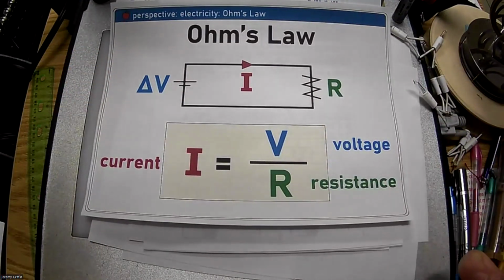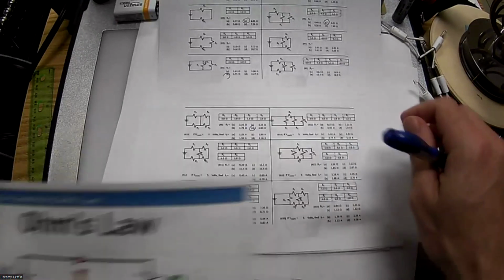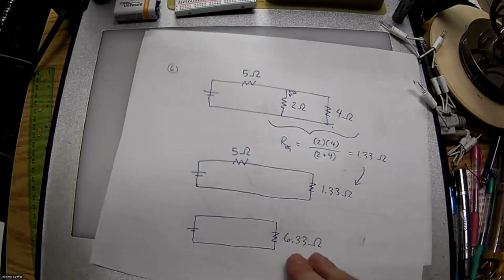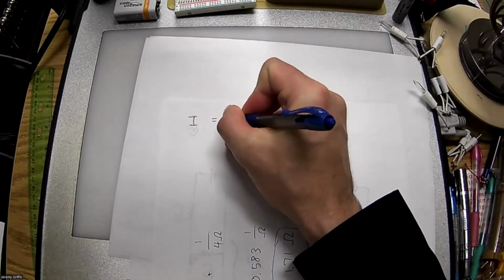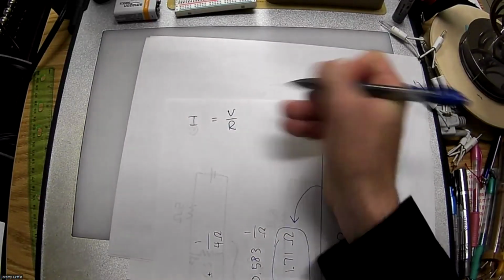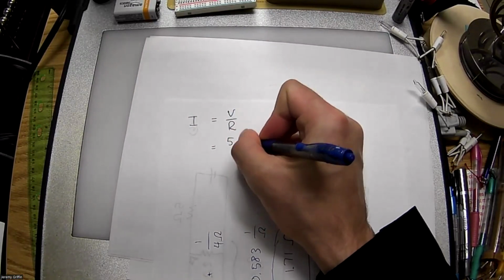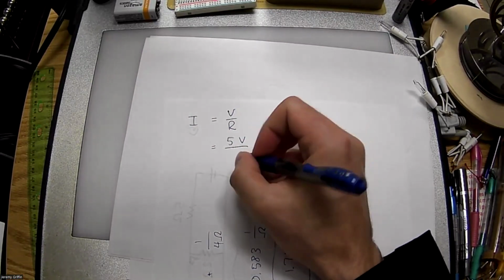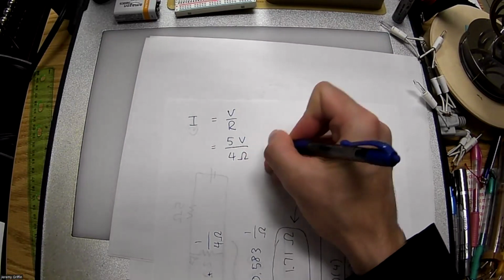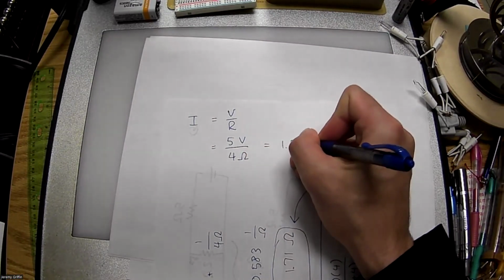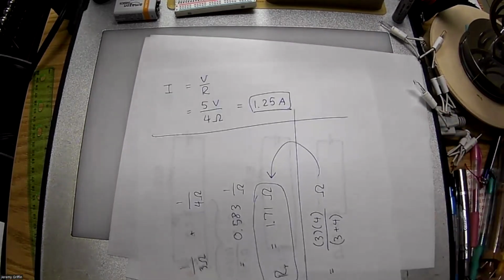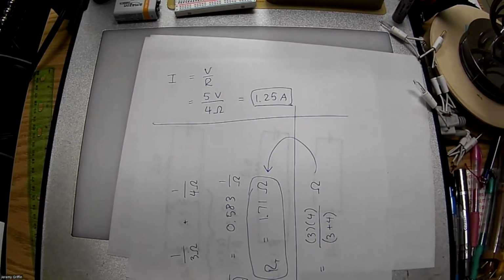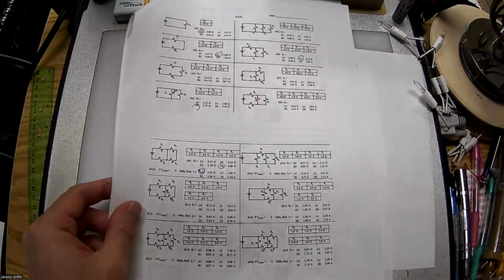So it's V over R. Write this down on paper. I equals V over R. It's called Ohm's law. And I've got 5 volts acting on 4 ohms. That's 1.25 amps. So I got 1.25 amps, which is an answer choice. Boom, done.